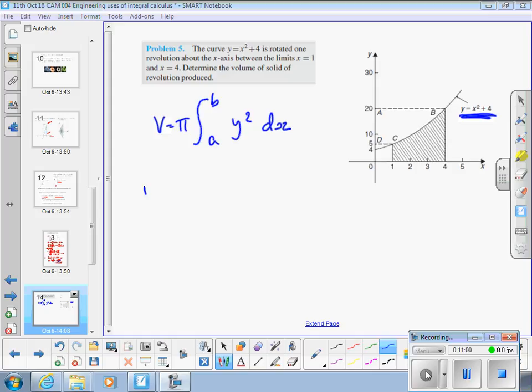So we replace y with the function, with the limits we've got, bottom limit 1 and top limit 4. So we've taken the function of the line we're looking at and we've replaced y with it in the general form.